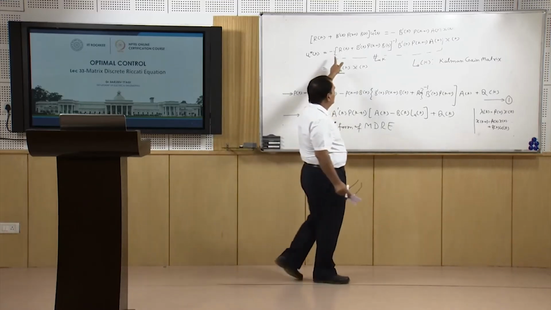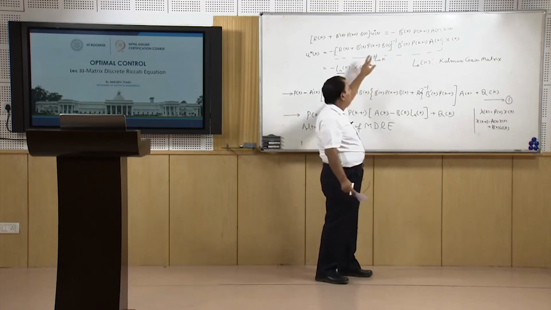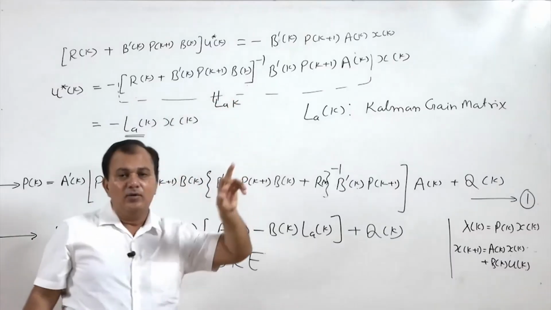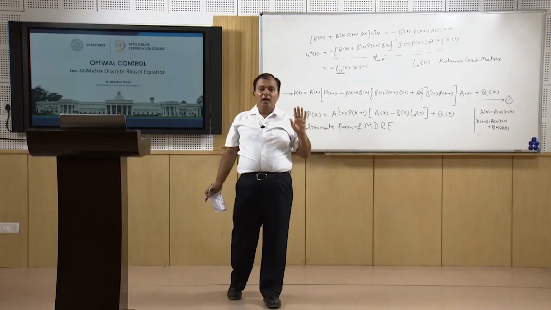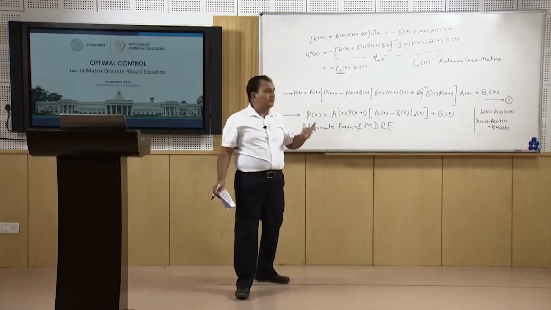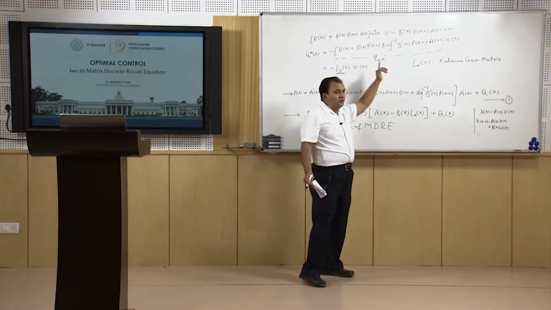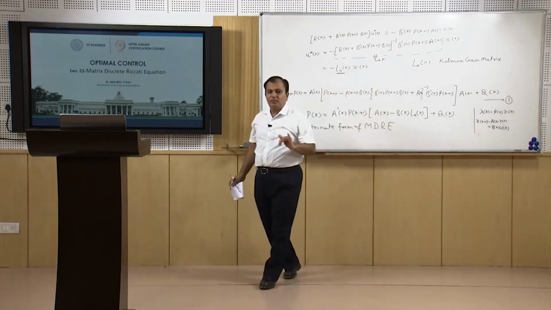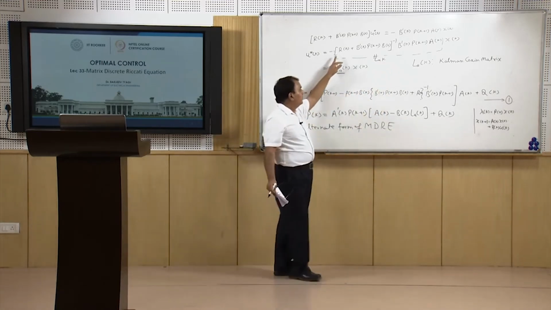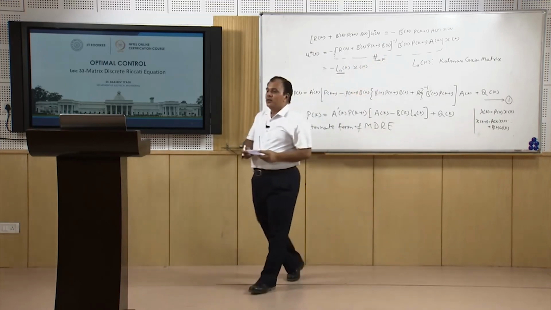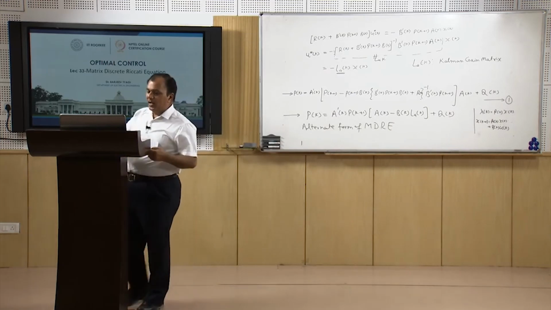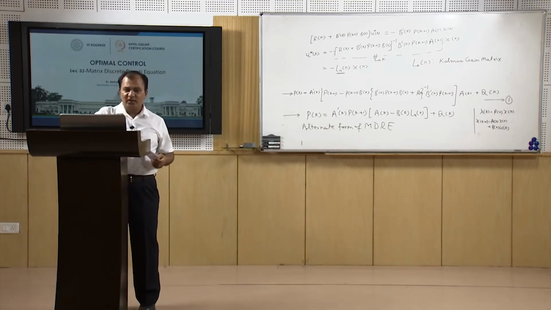And the inverse that exists in the L_a k, we have shown that this inverse always exists, as my R is a positive definite matrix, and P_{k+1} is also a symmetric positive definite matrix. So, this inverse term always exists. So, by this we have the two forms we have discussed.